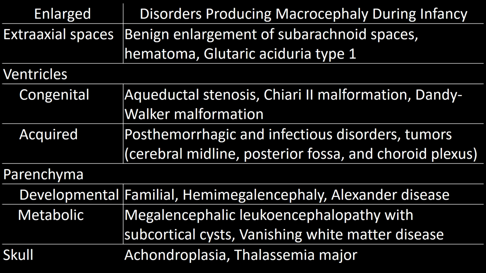In this table, you can see a list of the most relevant conditions producing macrocephaly during infancy. Most require timely intervention, but are infrequent, encountered especially in infants with macrocephaly without signs of encephalopathy, focal neurological findings or dysmorphism.